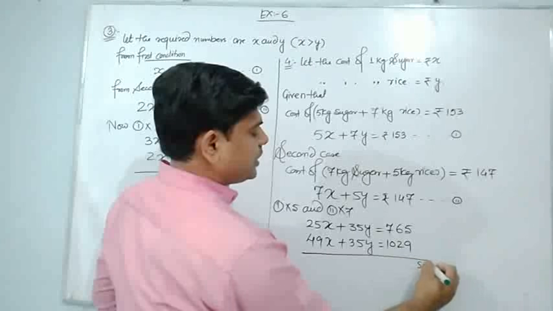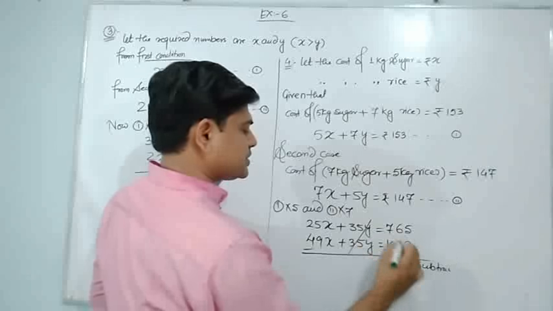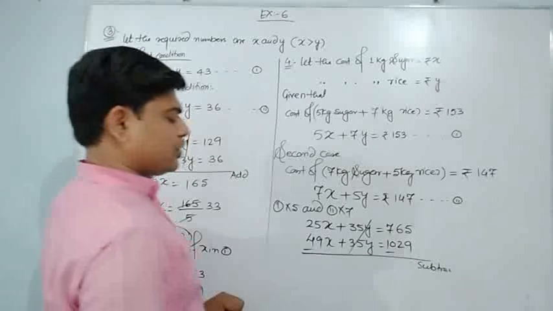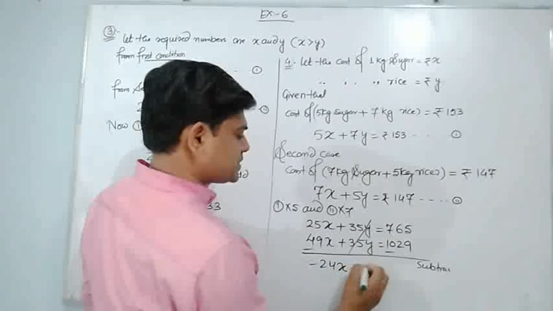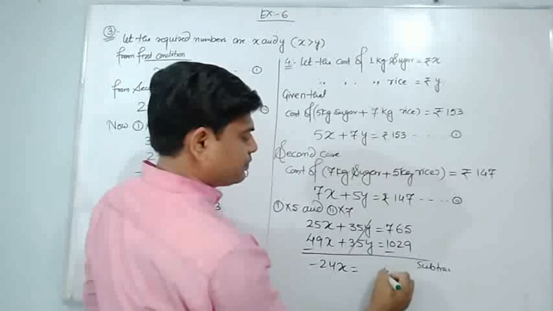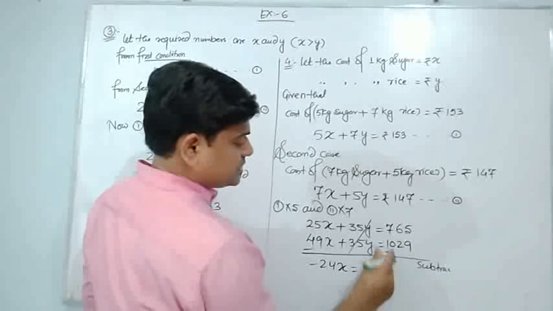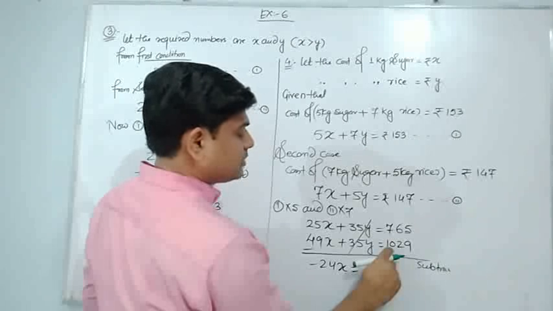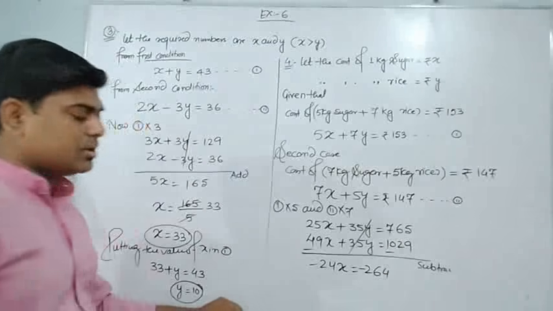Now the subtraction part will be there. The y terms can be eliminated. I think 49 minus 25 will be 24x, and on the right side the subtraction gives 264.